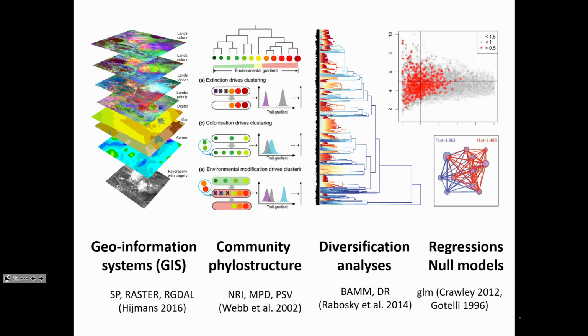And under some assumptions, maybe the community phylogenetic structure can tell us something about possible competition between the species in the region. This was combined with diversification analyses, which tell us how fast species accumulate across clades. So these ones accumulate species fast. These ones, the blue ones, accumulate species slowly. The regressions and null models.